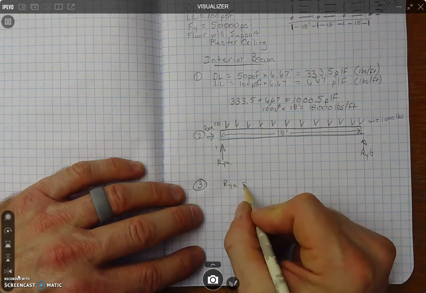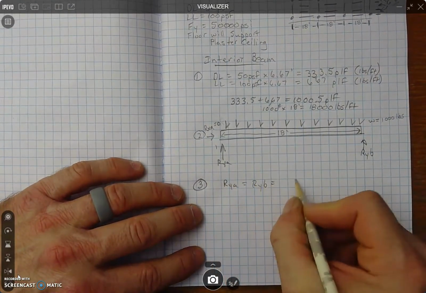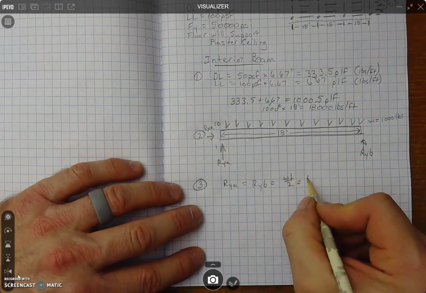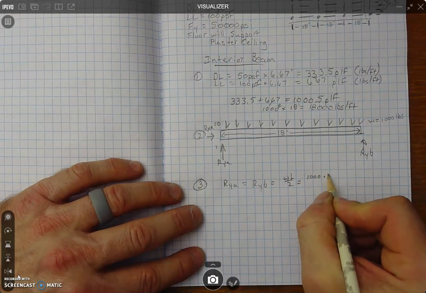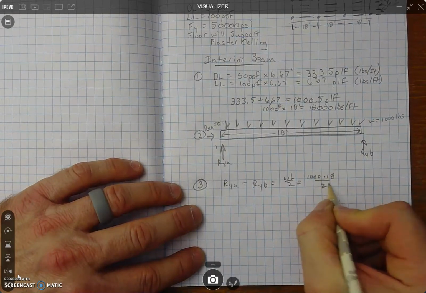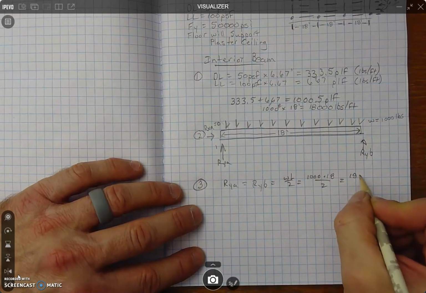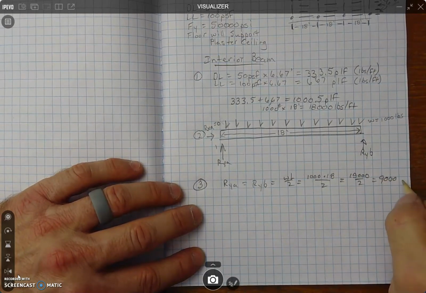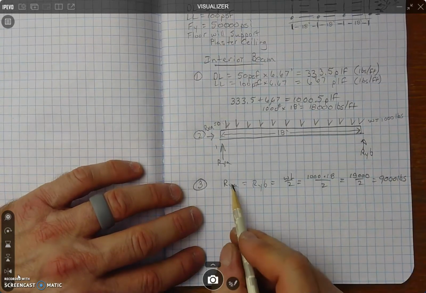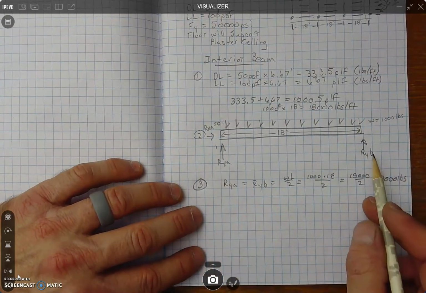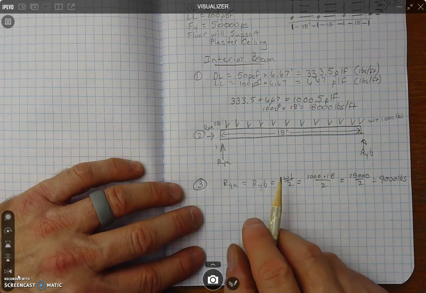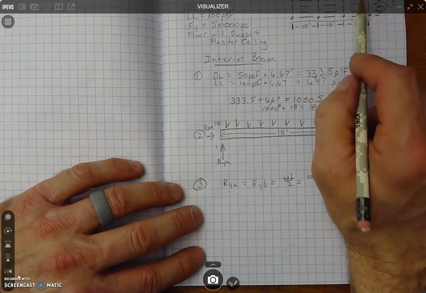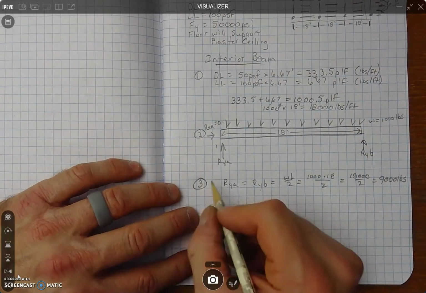RYA equals RYB equals WL over 2, which equals, our W is 1,000 times 18 divided by 2, which equals 18,000 divided by 2, which equals 9,000 pounds. So my RYA is 9,000 pounds and my RYB is 9,000 pounds. Okay, when they're uniformly distributed, each end is going to hold the same amount of weight. So that's my end reaction.